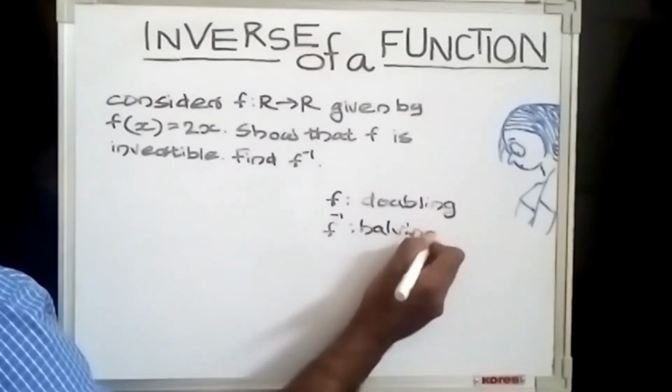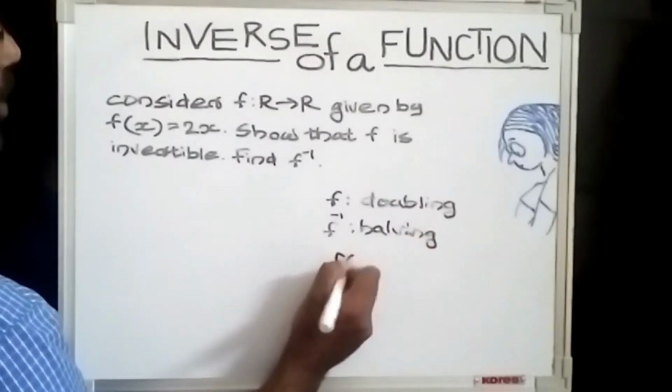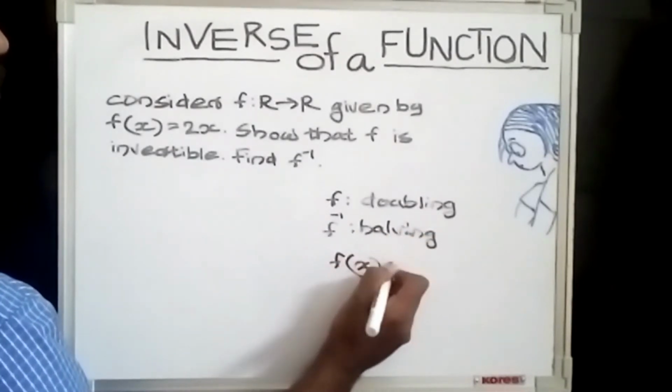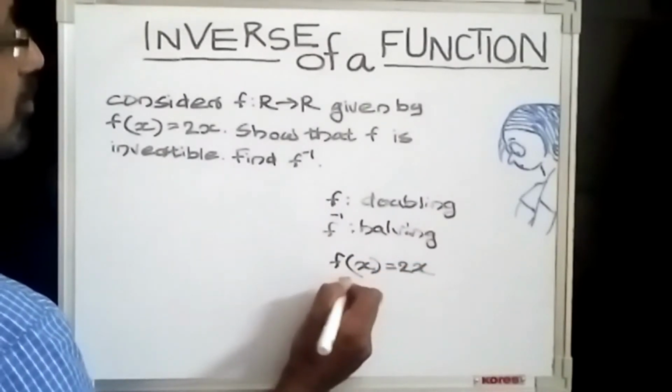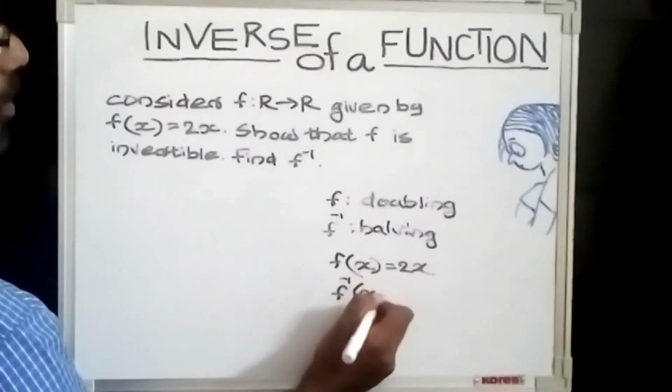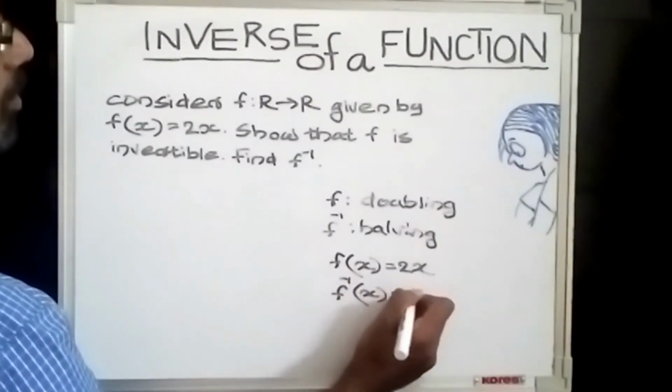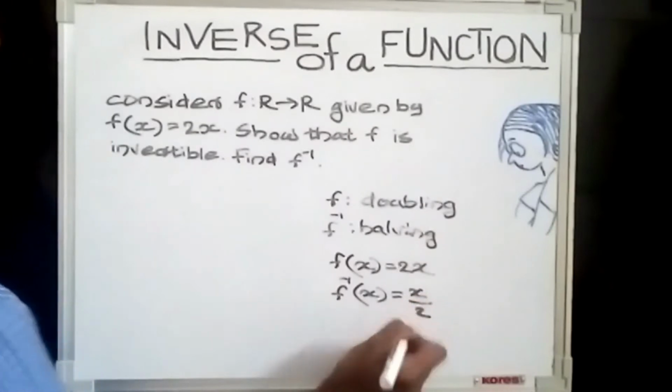It means that if f of x equals 2x, the inverse activity is f inverse of x equals halving. F inverse of x is x by 2.